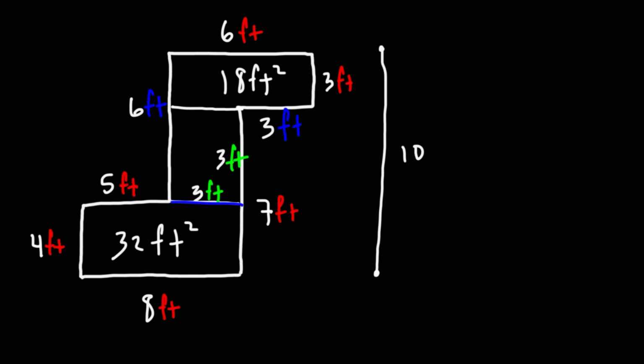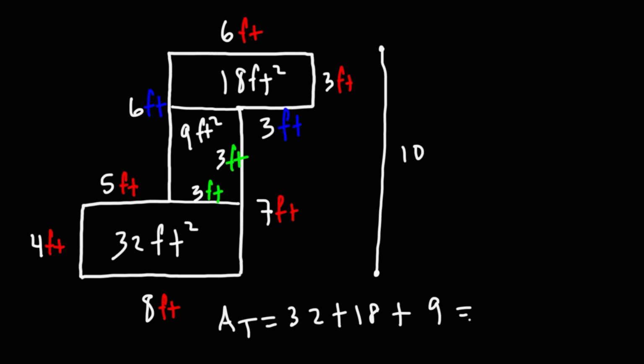So we have a length of 3, a width of 3. 3 times 3 is 9 square feet. So the total area is going to be 32 square feet plus 18 square feet plus 9. 32 plus 18 is 50. 50 plus 9 is 59. So the total area is 59 square feet.